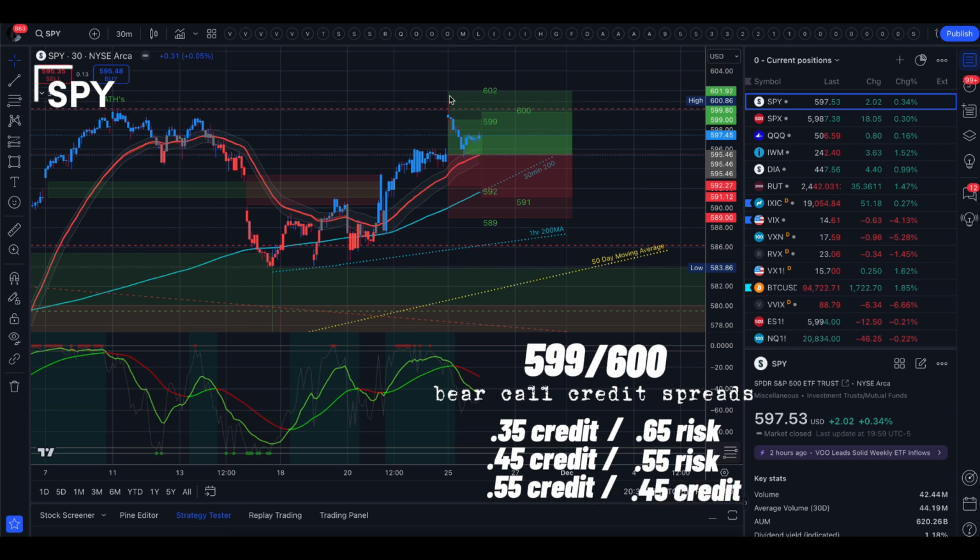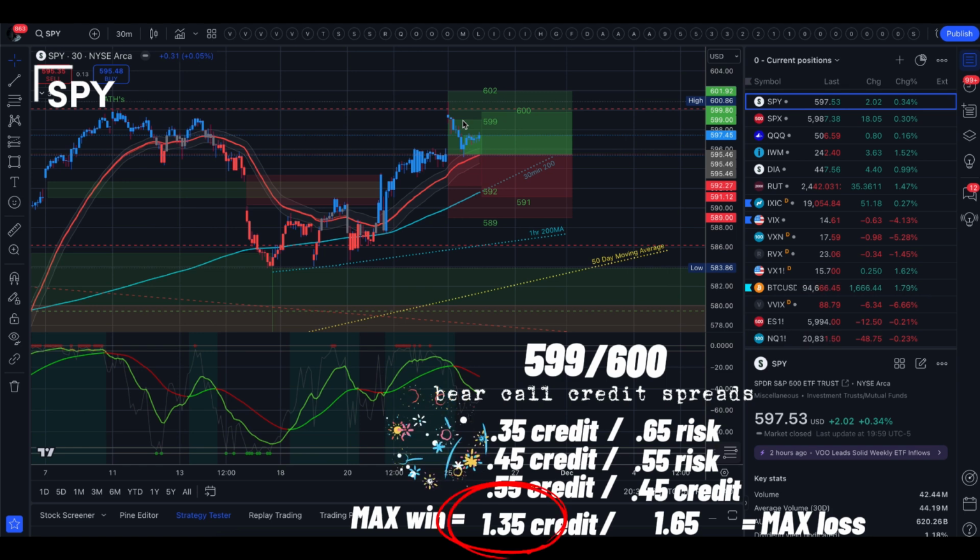So overall, those 3 orders, the 0.35, 0.45, and 0.55, you have a max win of 1.35, and the max potential loss, if we don't close down, is 1.65. So today, if you sold 599, 600, all 3 of those orders would have filled for you, and you would have closed up 100%, and that means up $135.